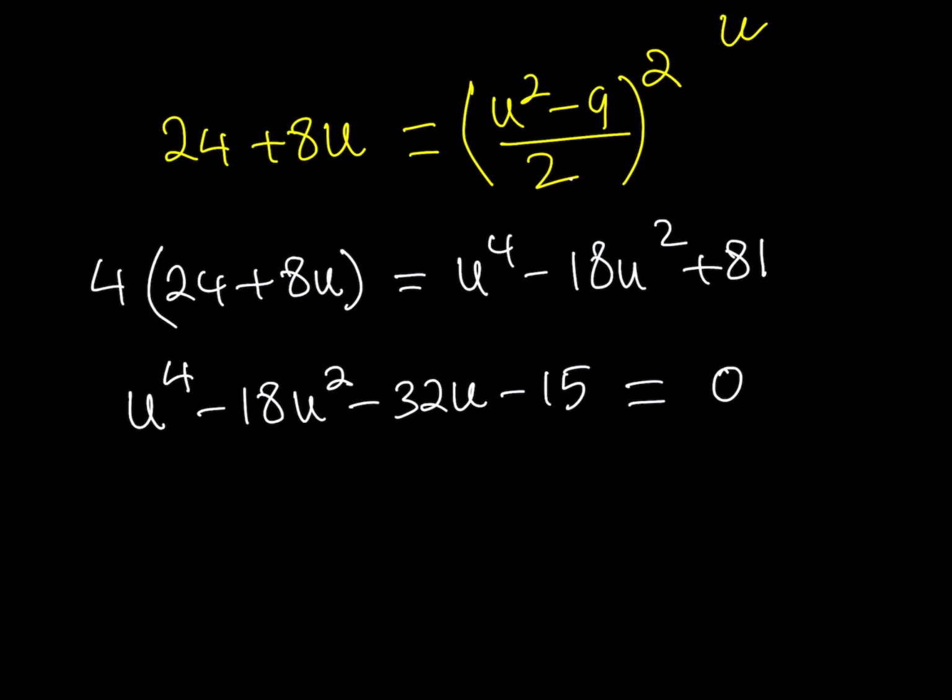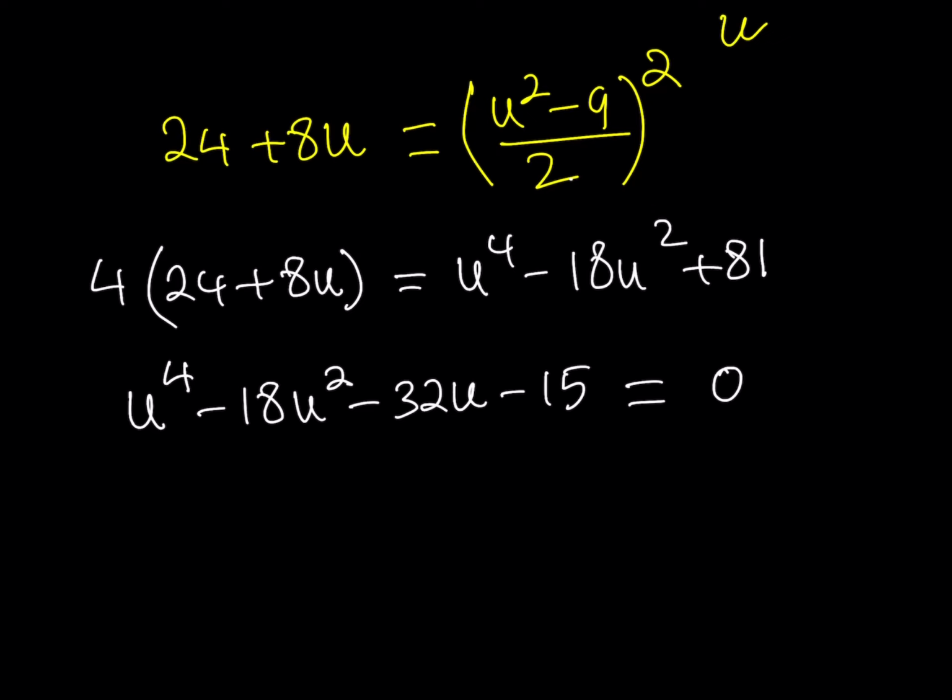Now, at this point, you might be thinking, how on earth am I going to solve this problem? It looks complicated and it's quartic. Well, here's one thing that I'd like you to recognize. If you look at this equation carefully, you'll probably notice a couple good things about it. First of all, look at the coefficients of the even powers.